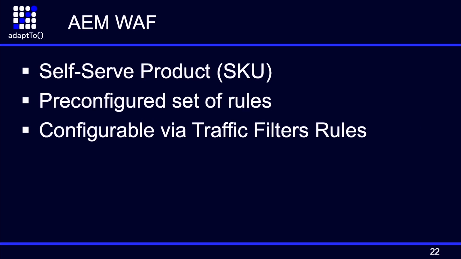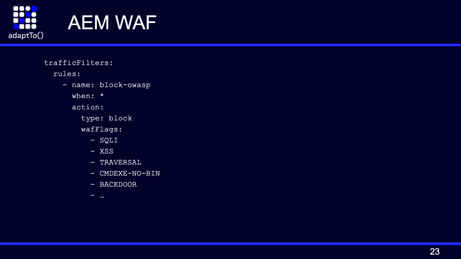While the traffic filter rules are completely free, the AEM WAF comes as a self-serve product with its own SKU. It has its own license, so you will need to license it in order to be able to use it. But it comes with a pre-configured set of rules that you can just enable and disable directly from the traffic filter rules. Here we have an example of how you could simply block any OWASP top 10 traffic on your website by writing traffic filter rules in blocking mode and just enabling the following WAF flags.